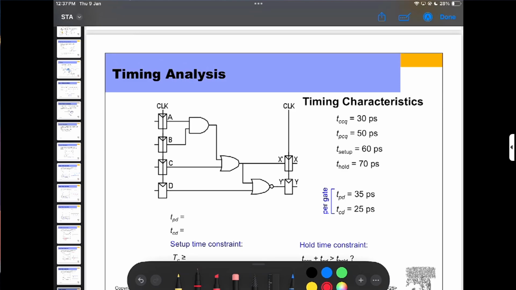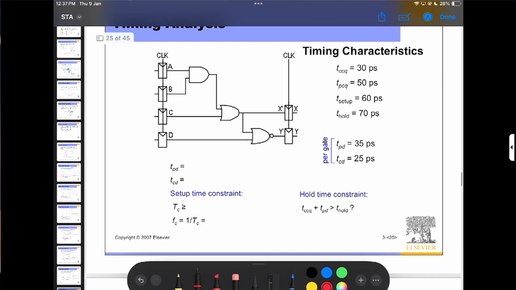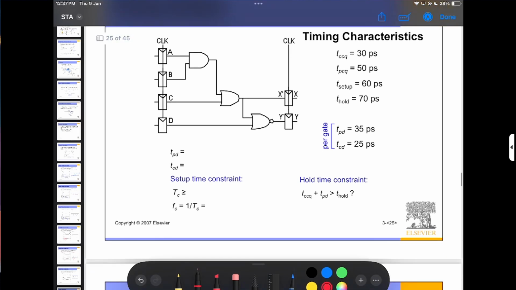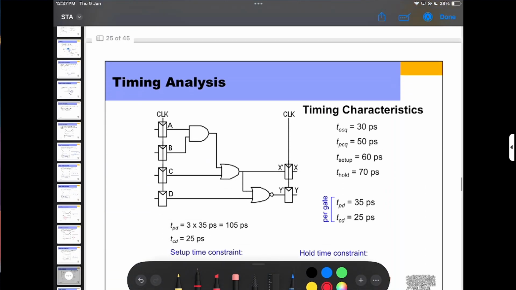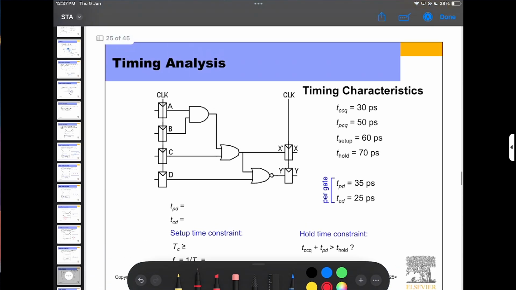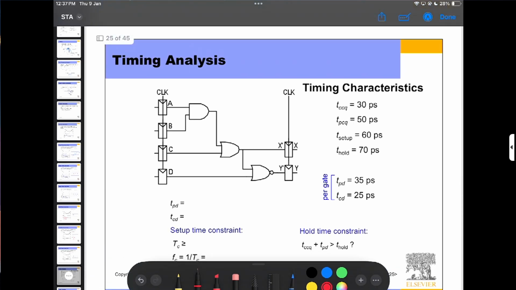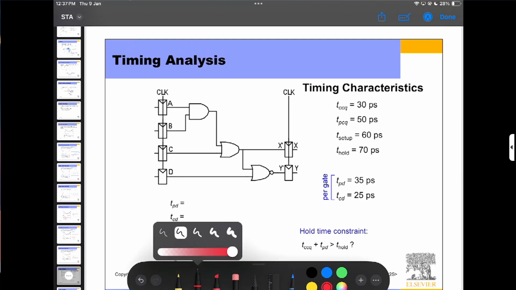So here is the timing analysis, the timing characteristics. One problem is here. Okay, let's check, let's do this problem. So basically TPD and the setup time constraint. The timing characteristic: clock to Q is 30 picoseconds.